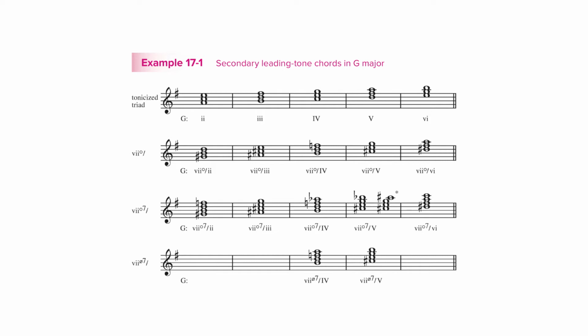This is the same table. Everything is the same actually. We are in G major, and if you want to tonicize the second degree, which is A minor, we can use either G sharp diminished triad or G sharp diminished seventh chord.